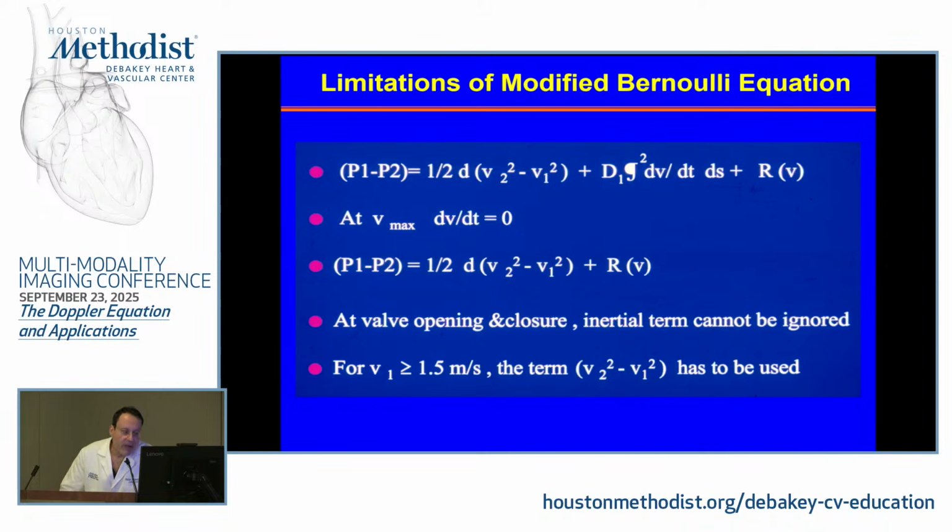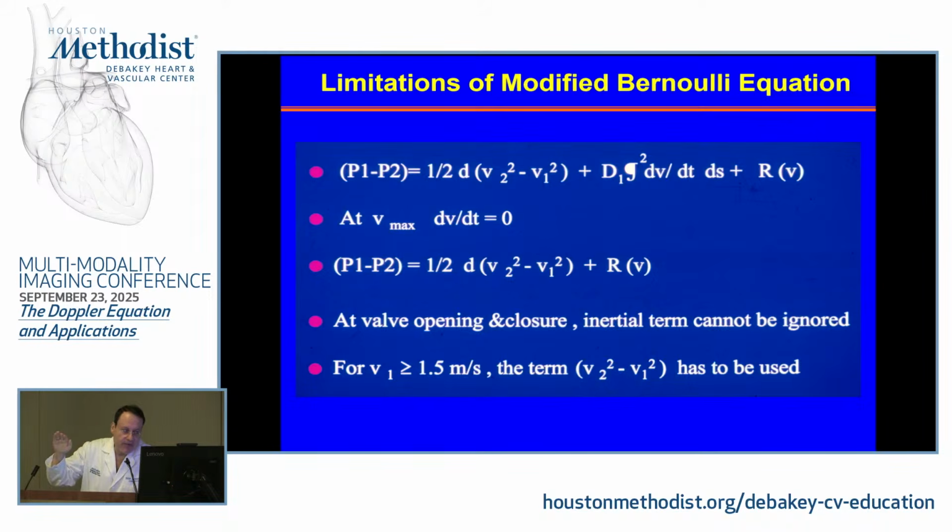Now let's talk about the inertial terms. When the blood is in motion, at first, or to set the blood in motion, there is inertia that has to be overcome. At the maximum velocity, the rate of change of velocity with time, if you were to draw a graph relating velocity and time, will be the peak of that graph, and there the actual slope is zero.